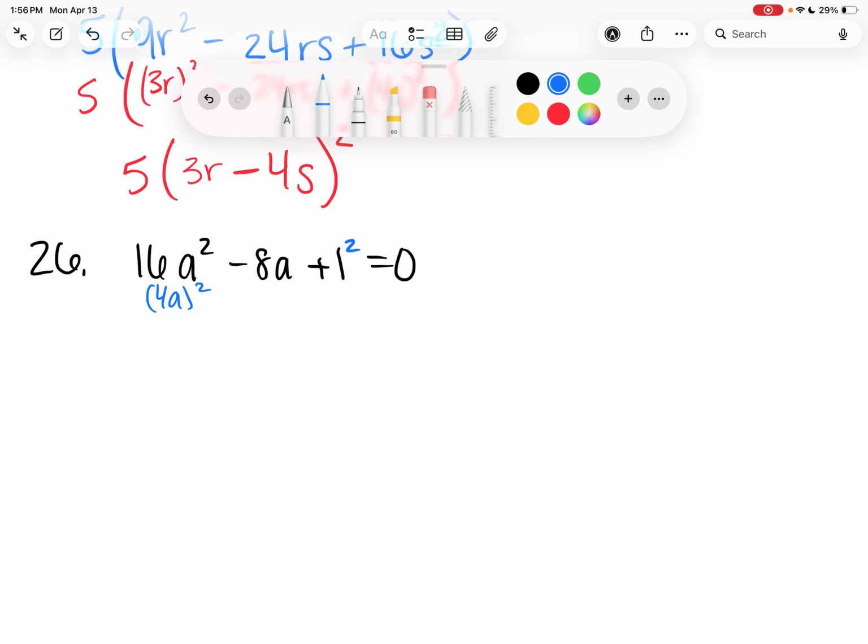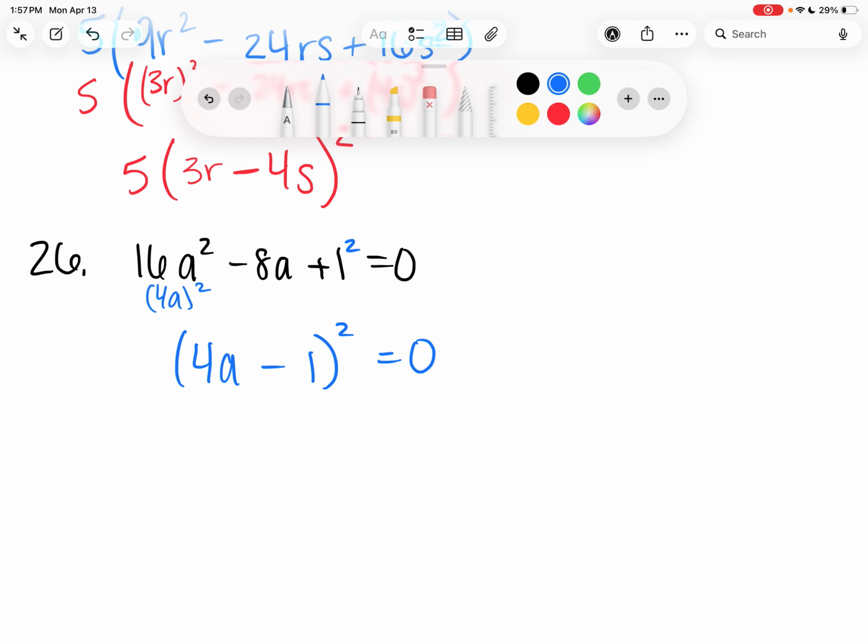And that'll be 1 all squared. So that'll be 4a minus 1 all squared. And then that'll equal 0.